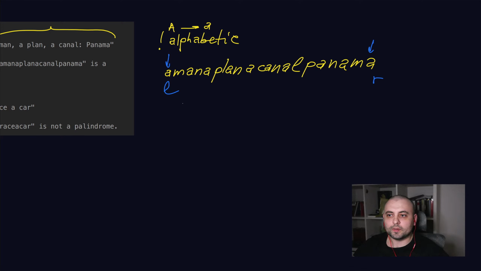If left is equal to right, then we do left plus equal 1 and right minus equal 1. Right actually will decrement. So pretty straightforward. We'll do this with a while loop.